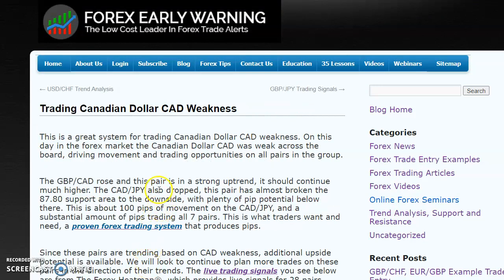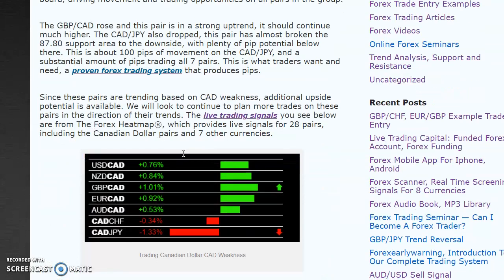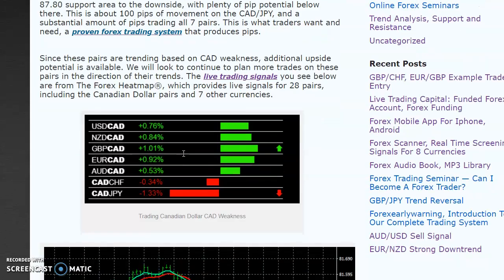The next example we want to look at is the Canadian dollar, and in this case, Canadian dollar weakness. So this is our live signaling system again. This is the Forex Heatmap, and you do get push alerts sent to your cell phone or mobile device when the Canadian dollar starts to weaken, when the percentages are really low but consistent.